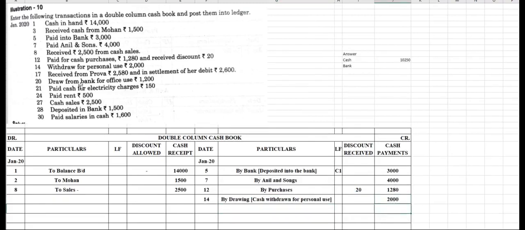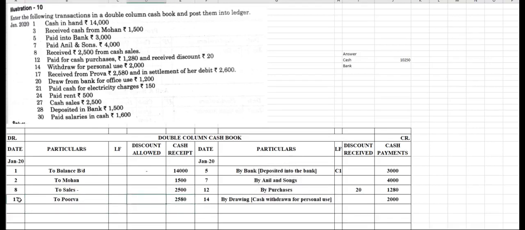Okay, done. Next, received from Purva 2580 in settlement of her debt. On 17th, we are assuming it is a cash receipt. We received from Purva 2580 rupees instead of receiving 2600 rupees.